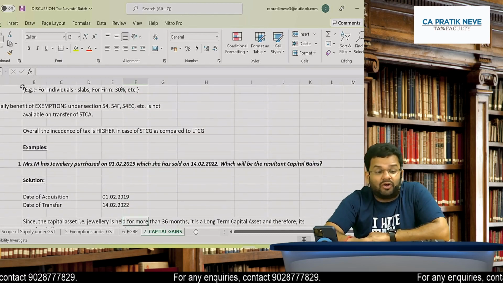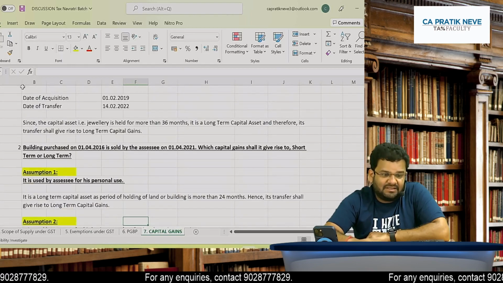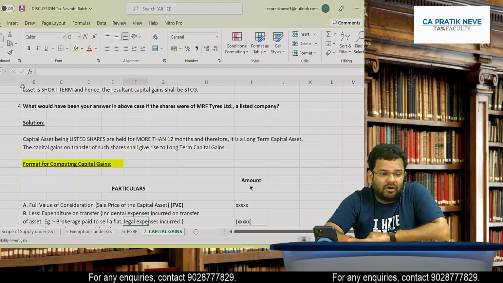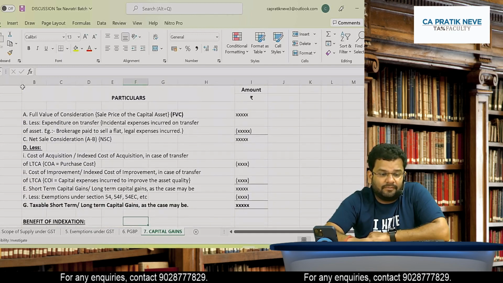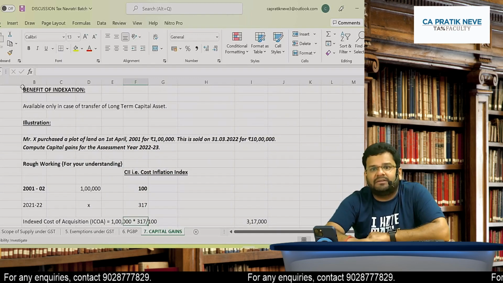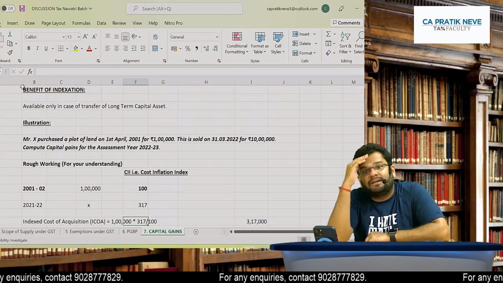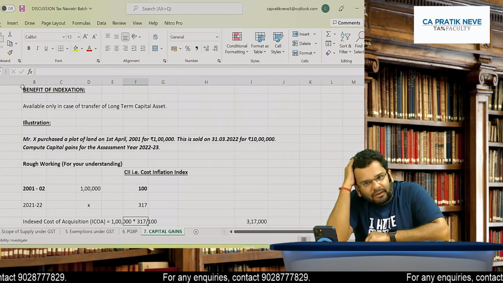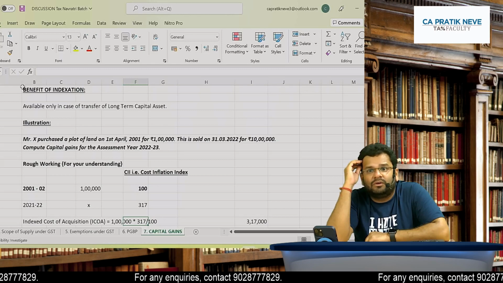Why benefit of indexation? This I want to explain to you now. Why is there a benefit of indexation? Okay, listen carefully. Aditya, do you know the logic behind the benefit of indexation? See, let me explain the logic.